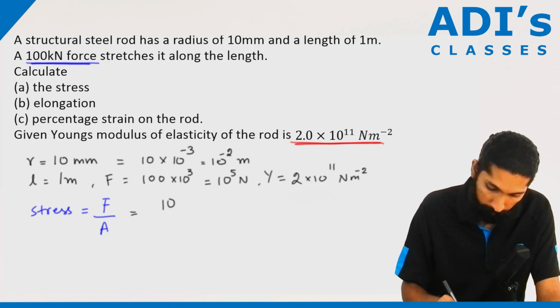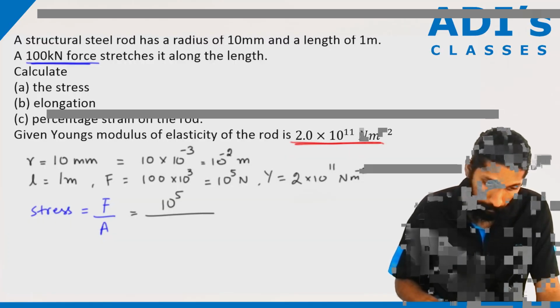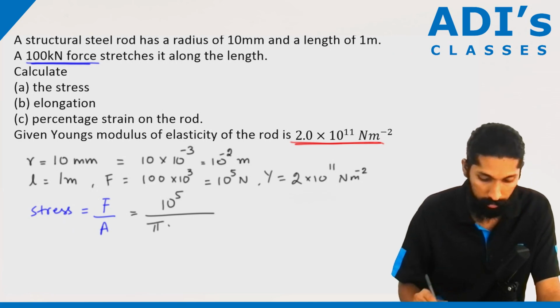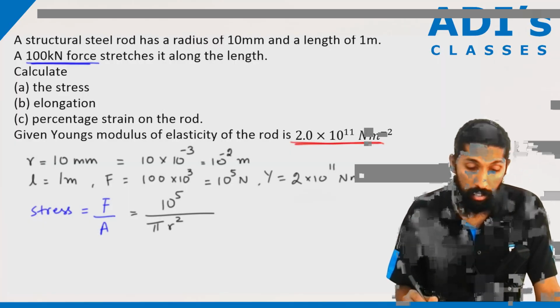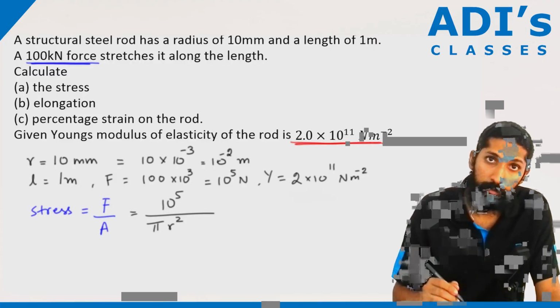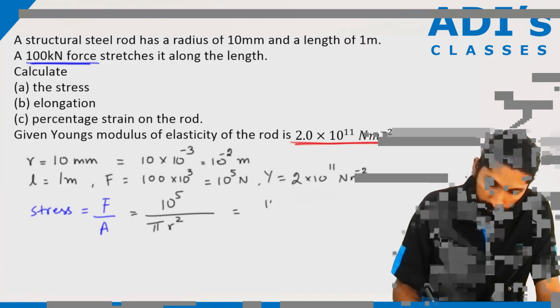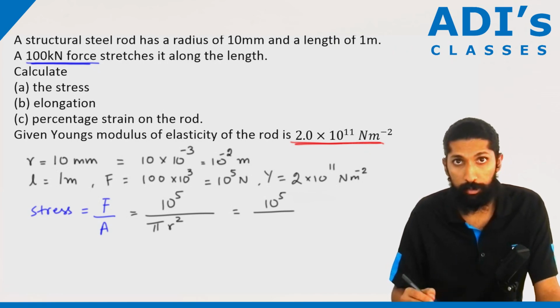So force is 10 to the power of 5 divided by the area, pi r square. R is given to be 10 to the power of minus 2. Take pi as 22 by 7, which is much easier to solve.